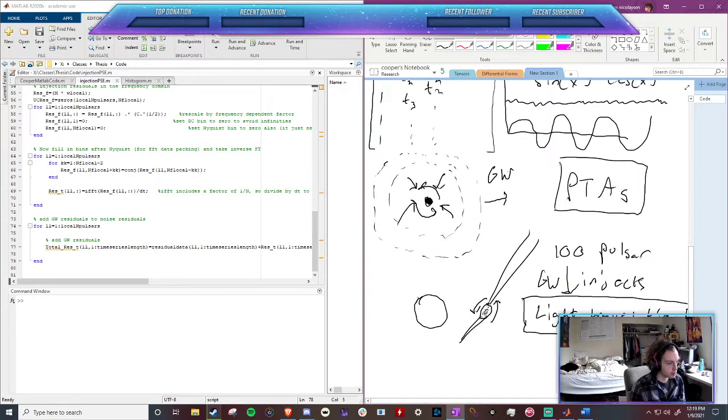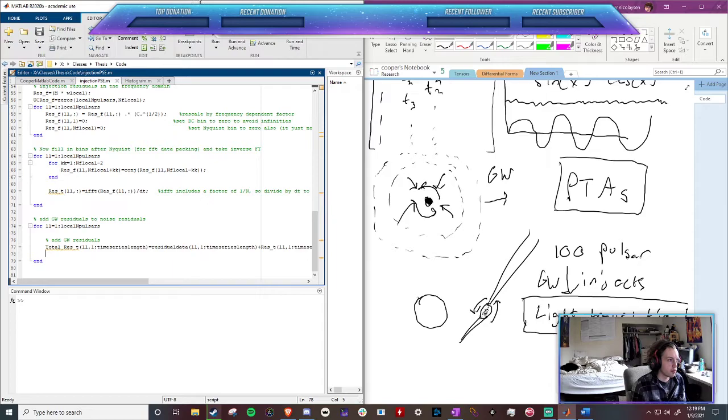So, if we run this code like 117 times or something like I did, then we'll get a lot of pulsars, right? A lot of different pulsars with a lot of different gravitational wave backgrounds.